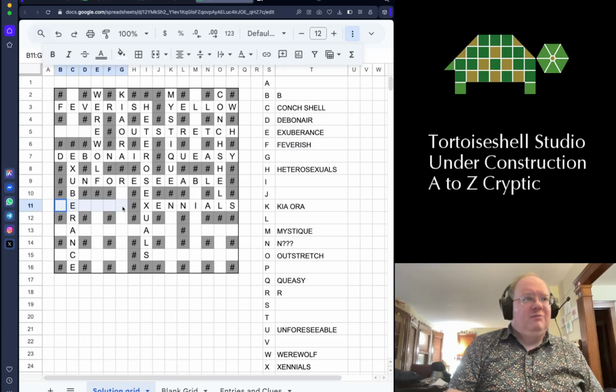So I think this is going to be another place where we can put in a J or a V could slot in here nicely.